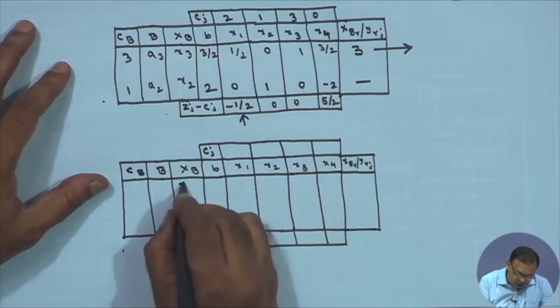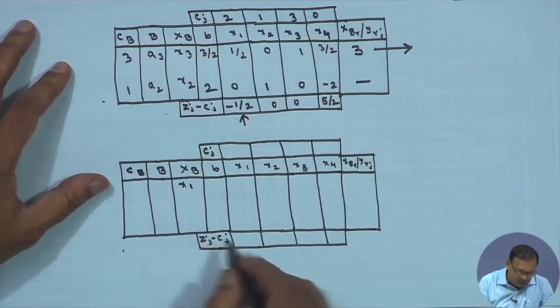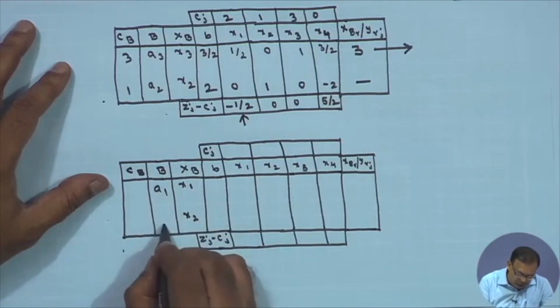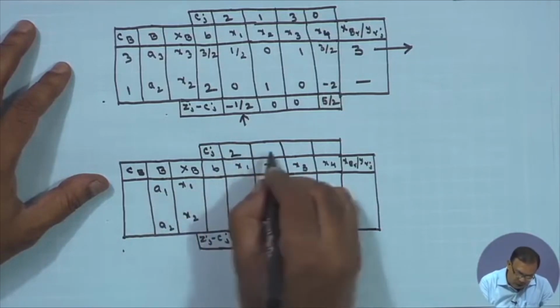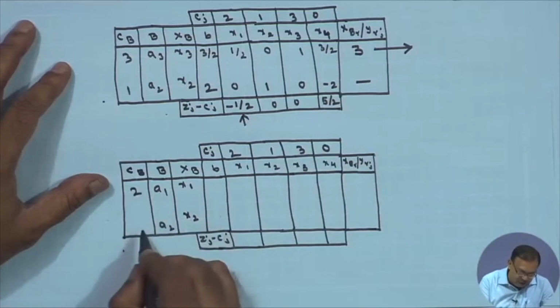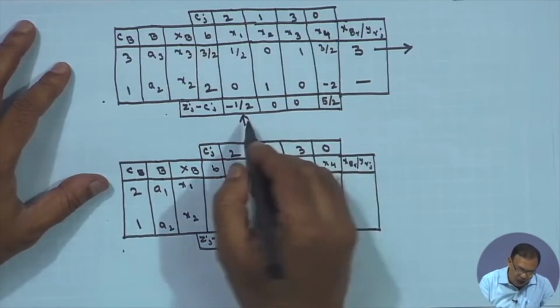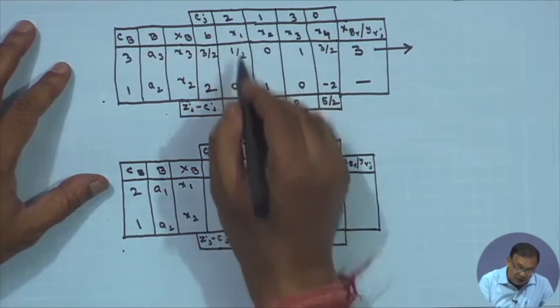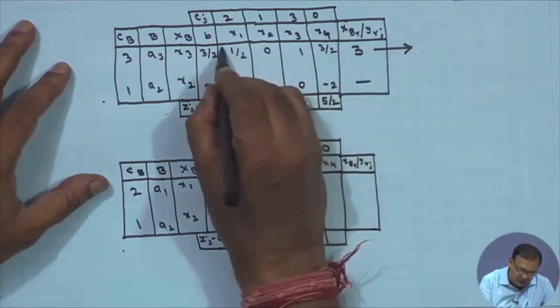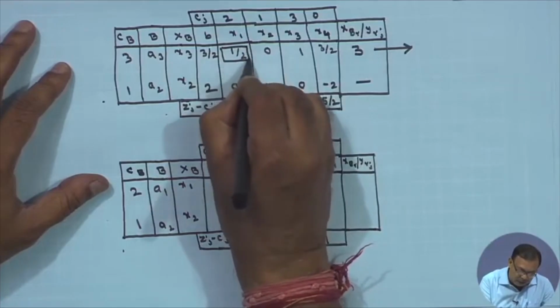So, in the next table your x1 and x2 will come, so this is a 1 and a 2. Cj values remain the same, that is 2 and 1. Here the intersection of the row and column of the entering vector and outgoing vector is half, that is the pivot element.